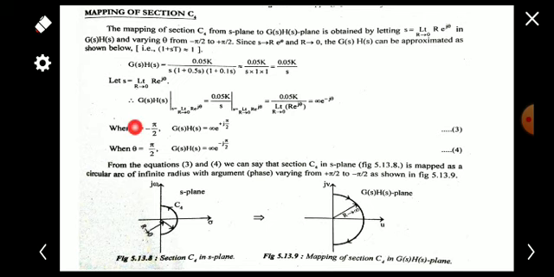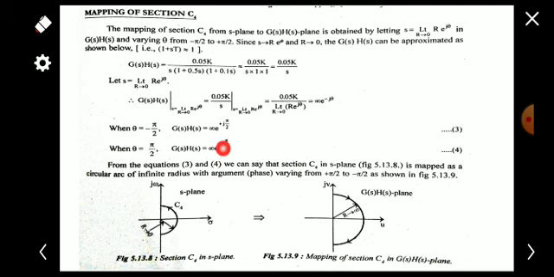For section C4, theta is varying from minus pi by 2 to plus pi by 2. So for theta equal to minus pi by 2, G of S into H of S will be infinity e raised to minus j theta, so it becomes e raised to plus j pi by 2. For theta equal to pi by 2, G of S into H of S becomes infinity into e raised to minus j pi by 2.